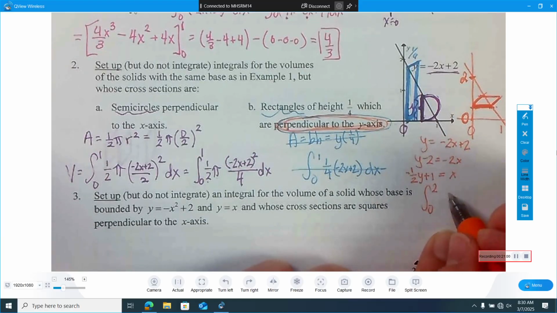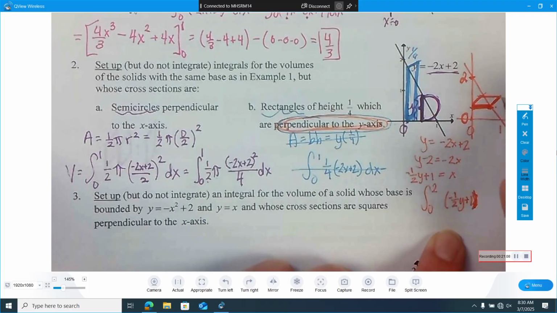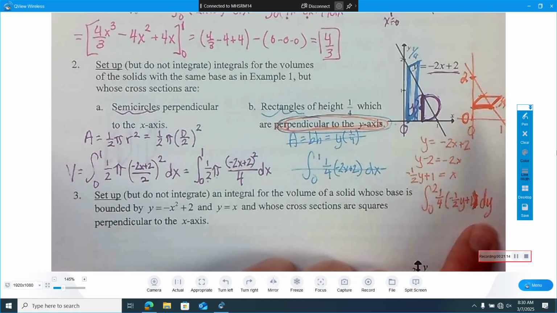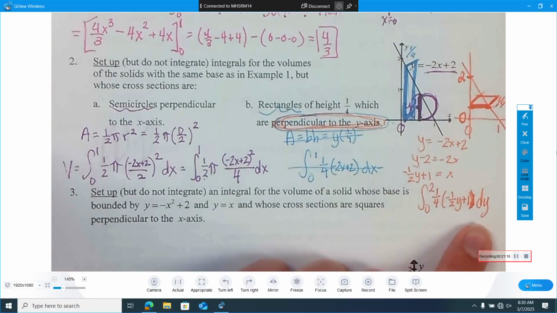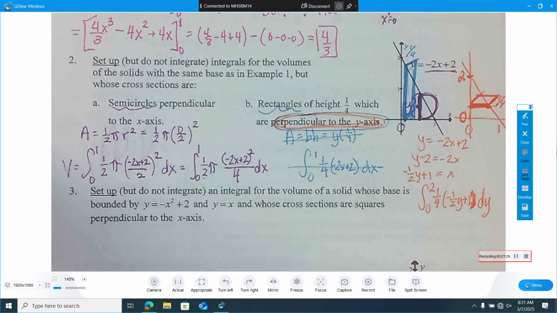So we have negative 1/2 y plus 1. That gives me my base here, and it has a height of 1/4, so I am going to multiply by the 1/4. And now this is all in terms of y because we're going horizontally. All right, questions on that one?